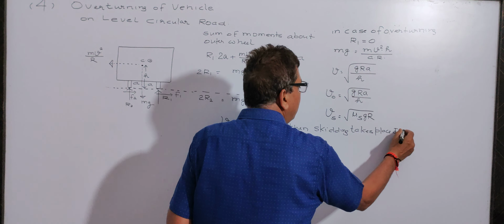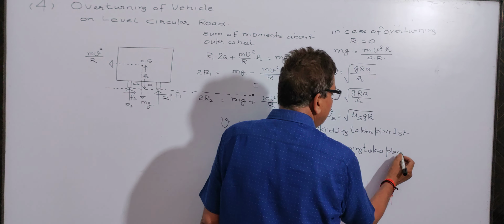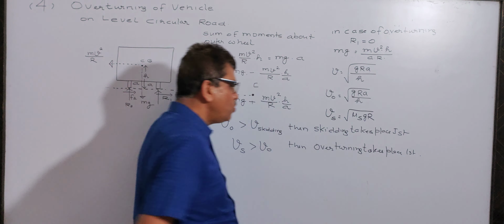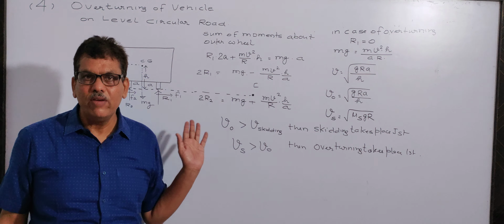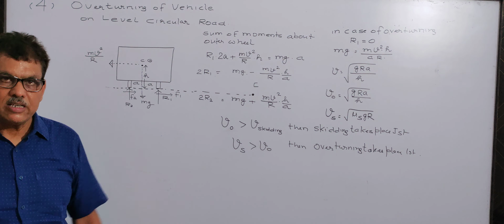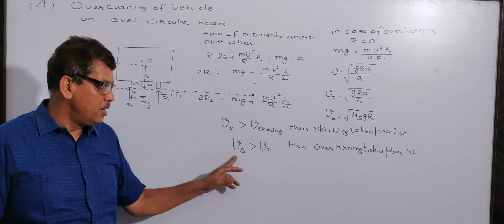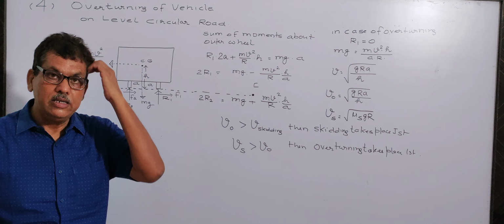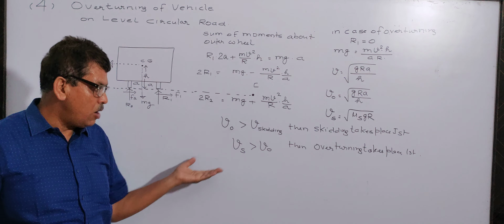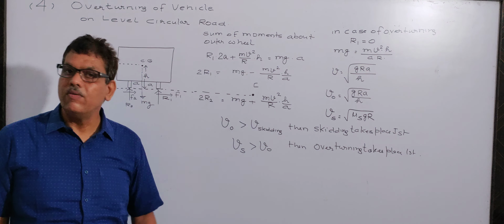And if the skidding speed is more than the overturning speed, then overturning takes place first, right? So it depends on which is more. If you go on increasing the speed of the object, then without skidding, the vehicle will overturn.